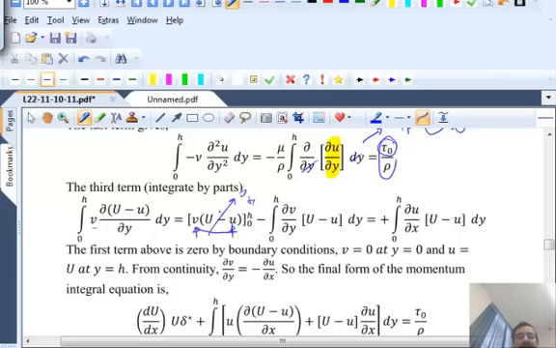And then the second one you have is the derivative of v with respect to y multiplied by the function itself, which is your integration by parts, from 0 to h. What did we do here? We took the continuity equation. Remember, we are working with the momentum equation, but we still have the continuity equation, du dx plus dv dy equal to 0.